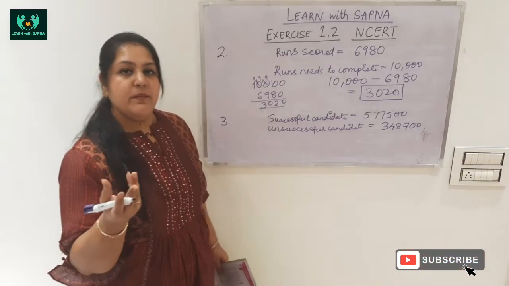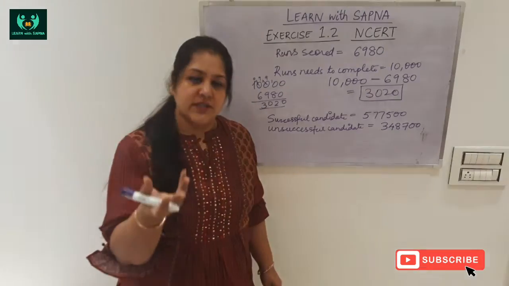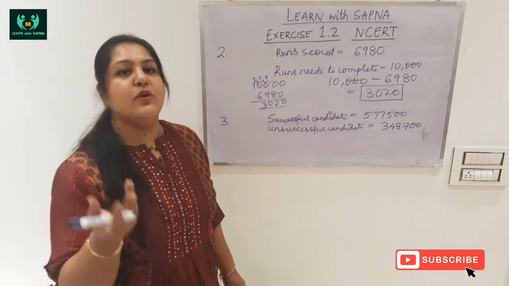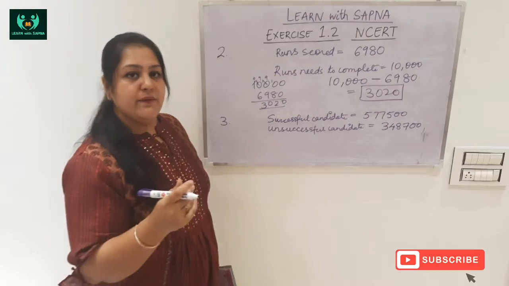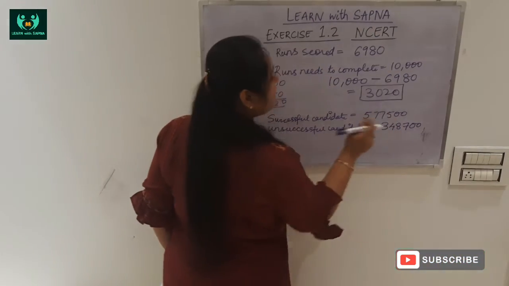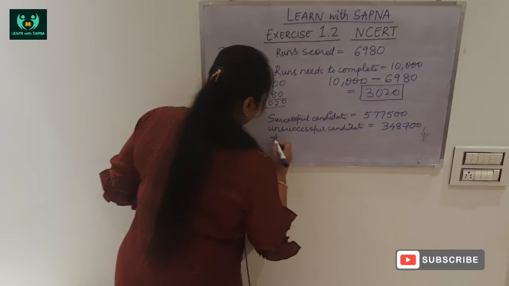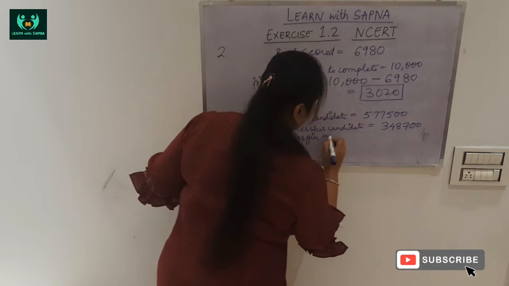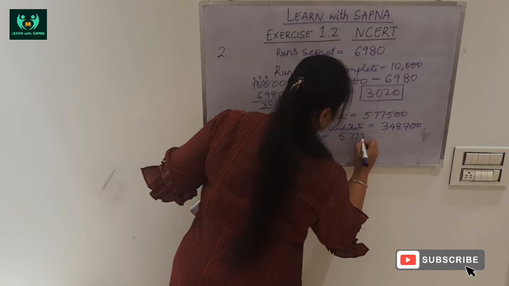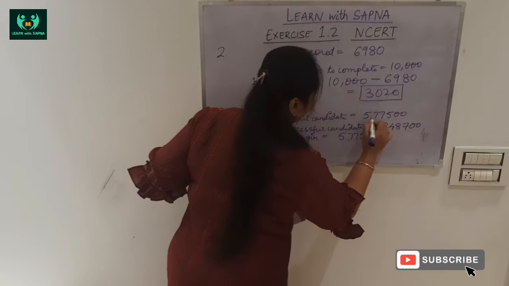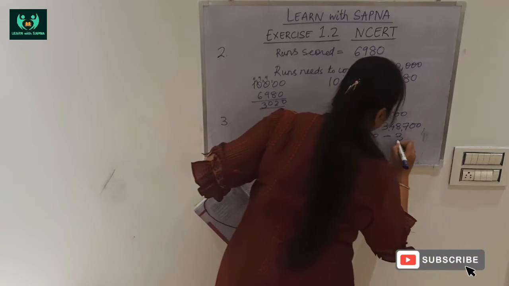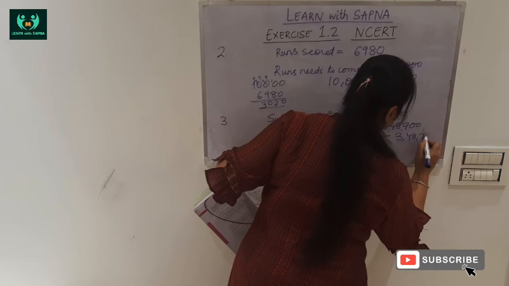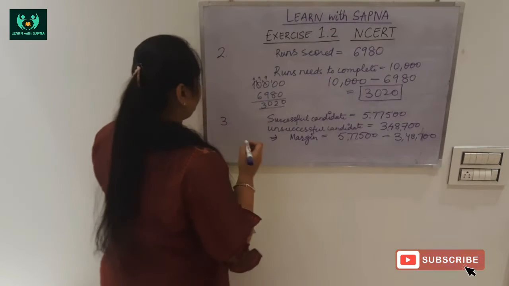So by what margin did he win? What do we mean by how much margin? How many votes were more? How many votes did he secure more than the rival one? So margin means how much more. So again, the margin by which he won will be 5,77,500 minus 3,48,700.